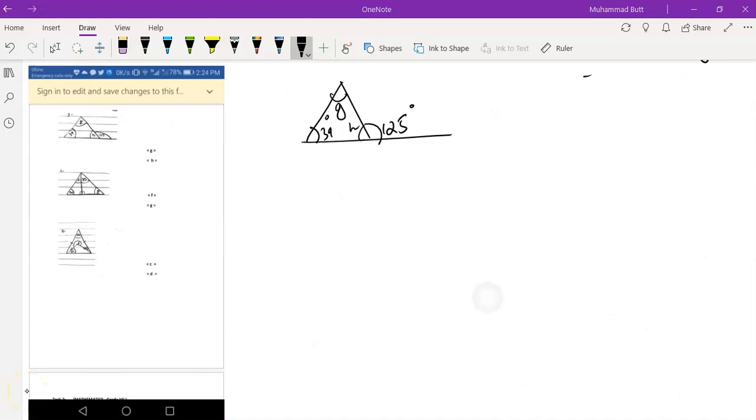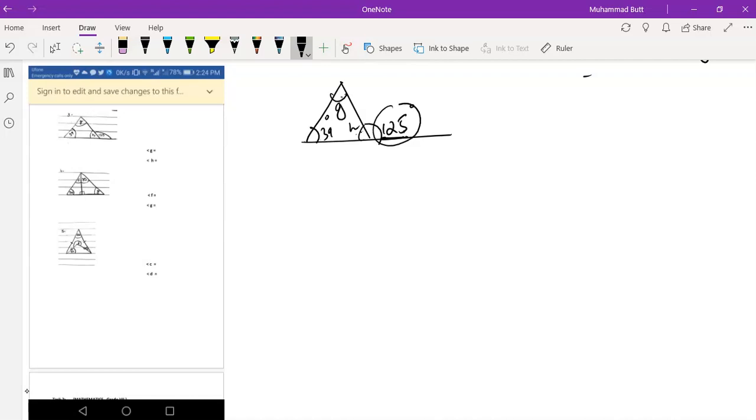In question number 3, three interior angles are given to you, G, 39 and H, and one exterior angle is given to you, that is 125. As two interior angles are different, one is G and the other is H, you cannot use the property of the interior angles, because all the variables should be the same. So we can use the property of the exterior angle over here.